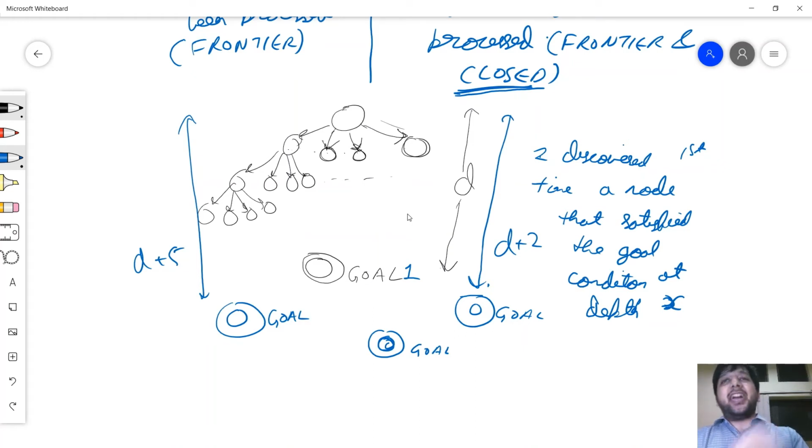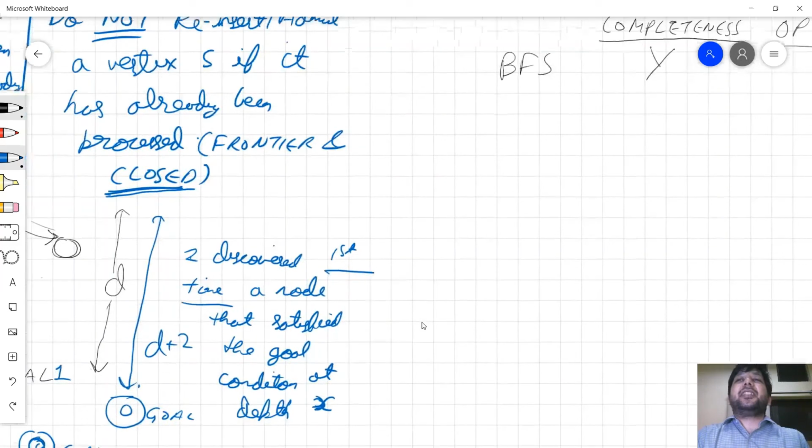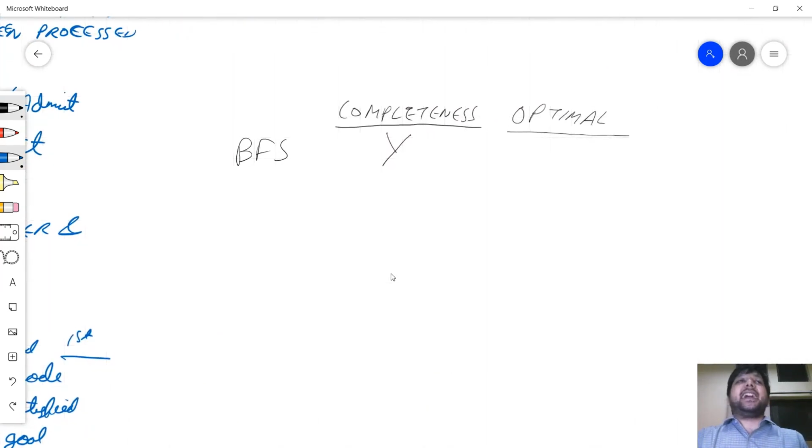So that means this cannot be the first time. Because I go level by level, layer by layer, the first time I extract the goal, at the depth X, it has to be D. It cannot be D plus 1, D plus 2, D plus 3. Of course, it cannot be less than D, otherwise I won't get the goal.